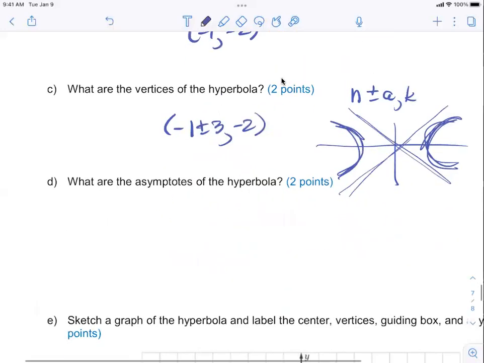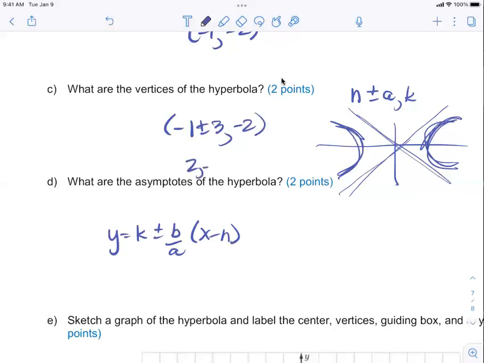What are the asymptotes of the parabola? Those come from this equation. Y equals k plus or minus b over a times x minus h. By the way, if I finish this one out up here, we would have 2 comma -2 and also -4 comma -2.